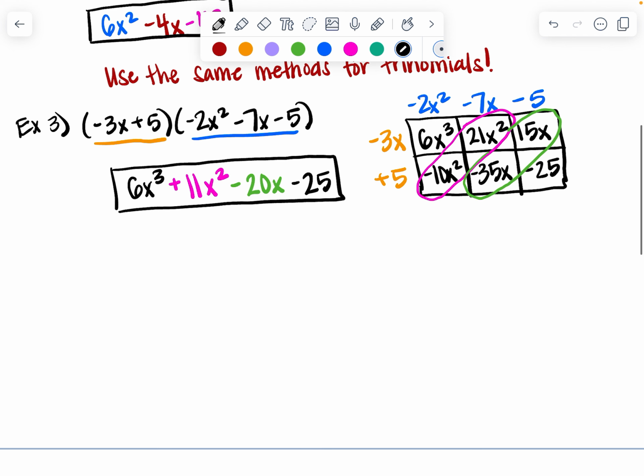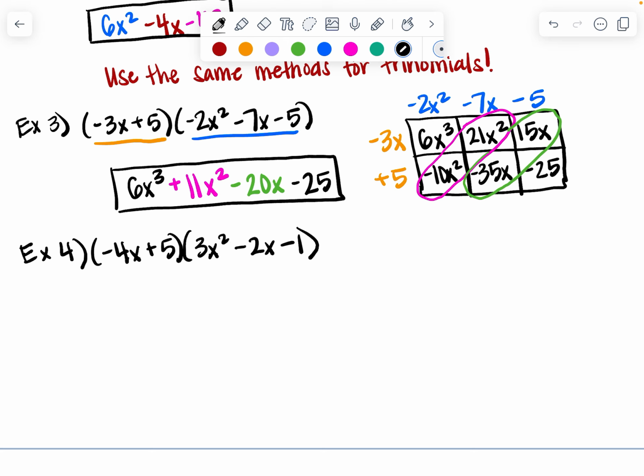We'll do one more example where we use the concept of FOIL. The first, outside, inside, last doesn't necessarily work with this, but we'll just be distributing. So I'm going to distribute negative 4x to all three terms in the trinomial.